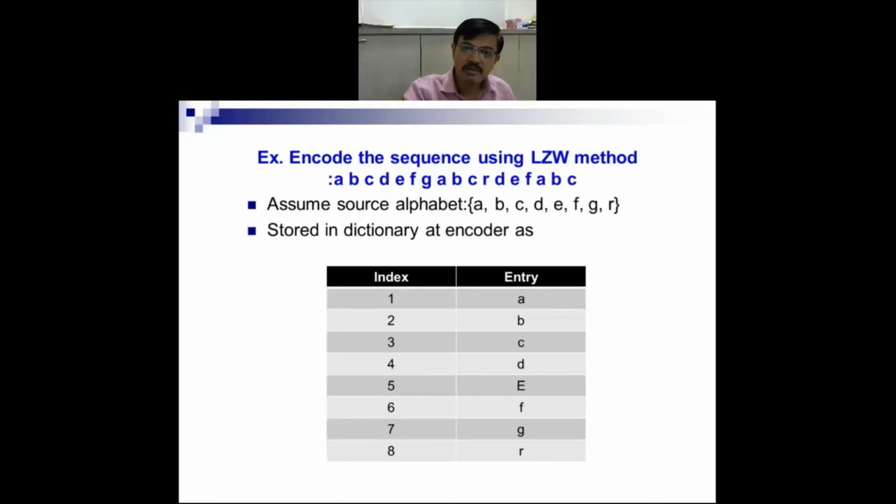Now, in step number 3, Sir, yes, source alphabet means which are non-repeated? Yes, source alphabets are the alphabets which may come only once, or you may get repetitions of the same alphabet in this particular sequence.